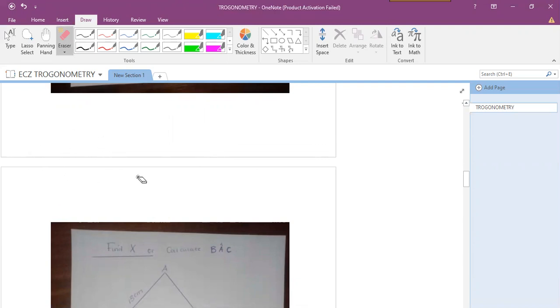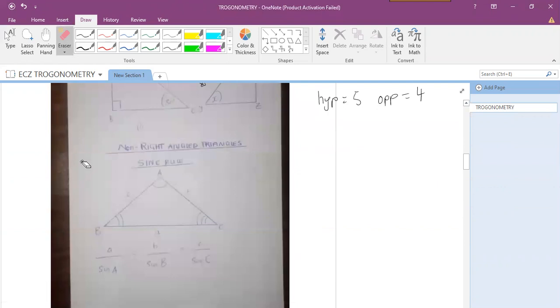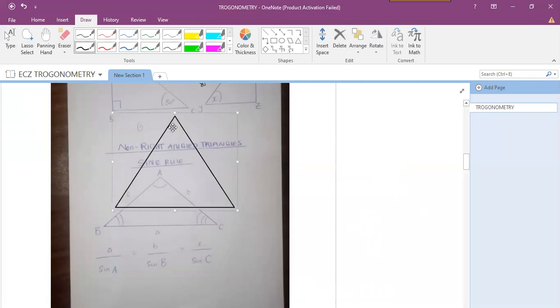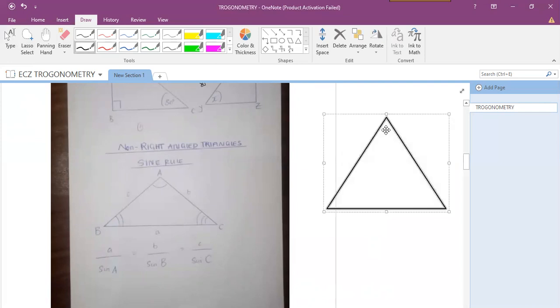Non-right angle triangles can be an isosceles triangle or an equilateral triangle. Microsoft OneNote has a non-right angle triangle, so from here I can just move it here.